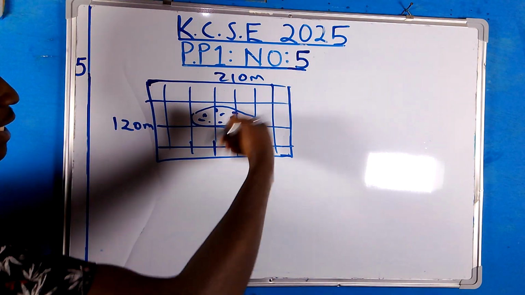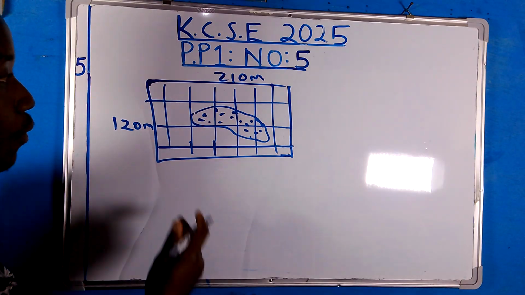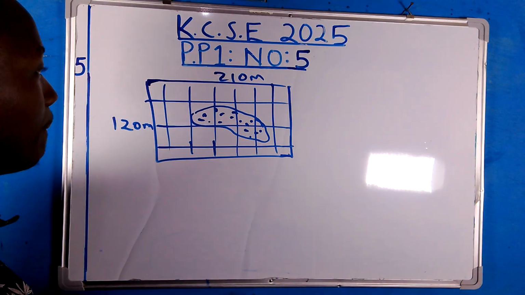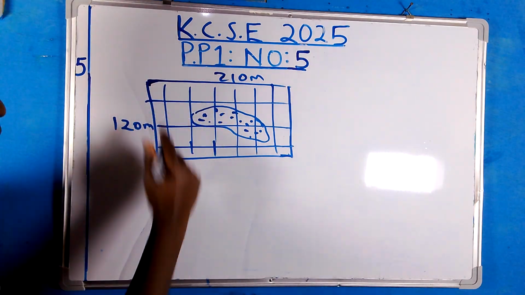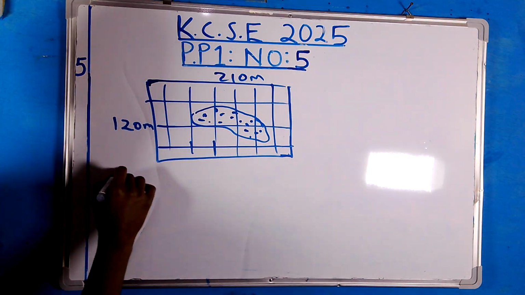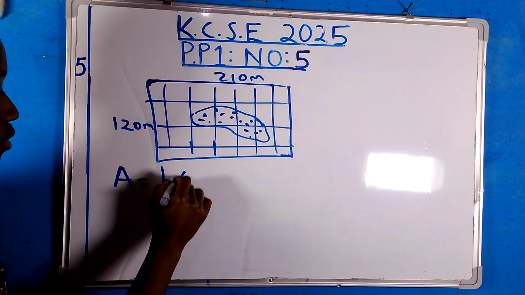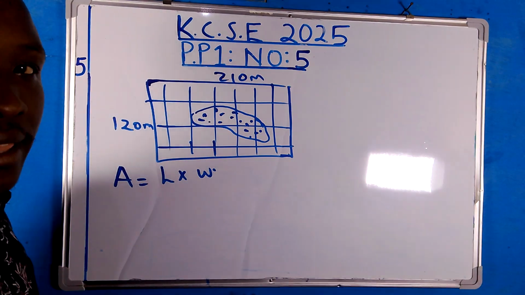So for us to find this area in meters squared, we will first begin by determining the area of the farm in meters squared. Since it is a rectangle, area is equal to length times width.